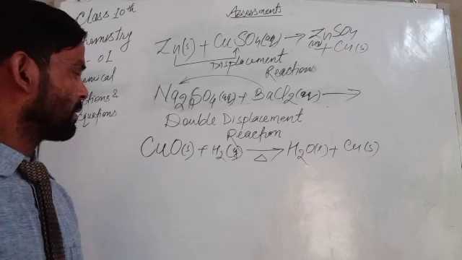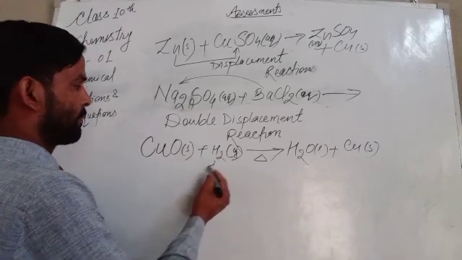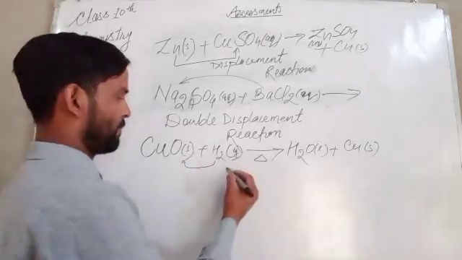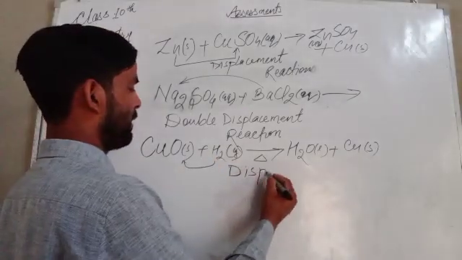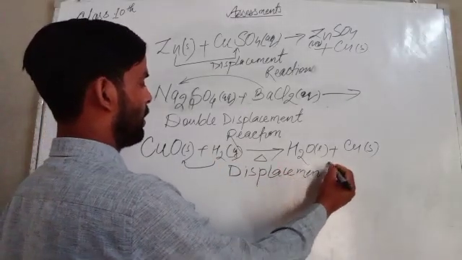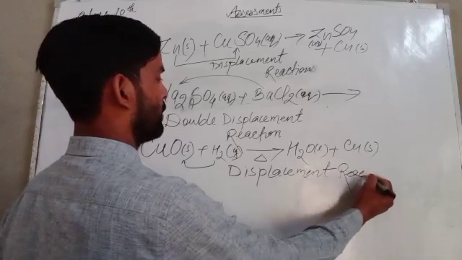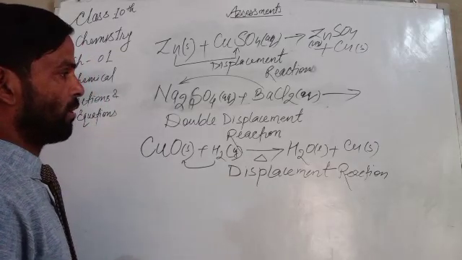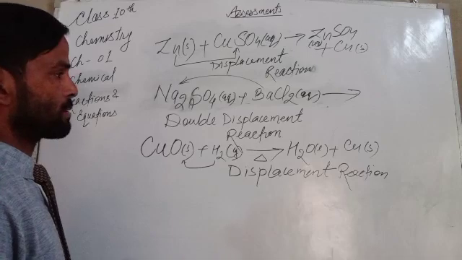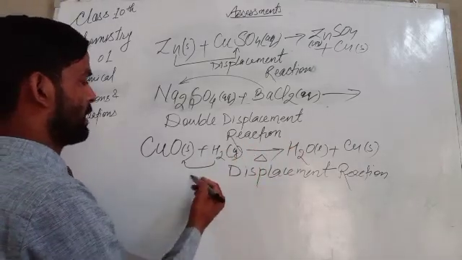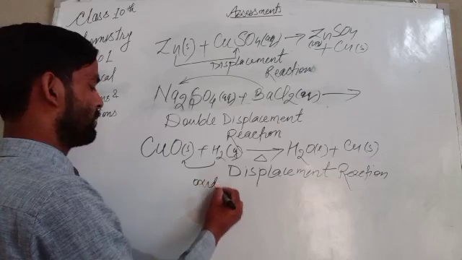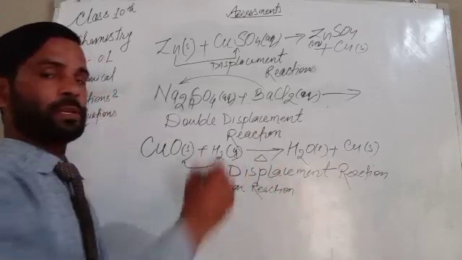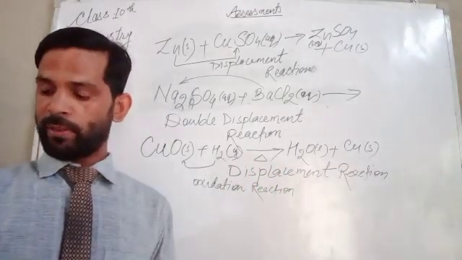So that is a type of displacement reaction. Copper is displaced by hydrogen. So this one is called a displacement reaction. As well as here, combination of oxygen takes place. So that is a type of oxidation reaction as well. So here are two types of reaction.